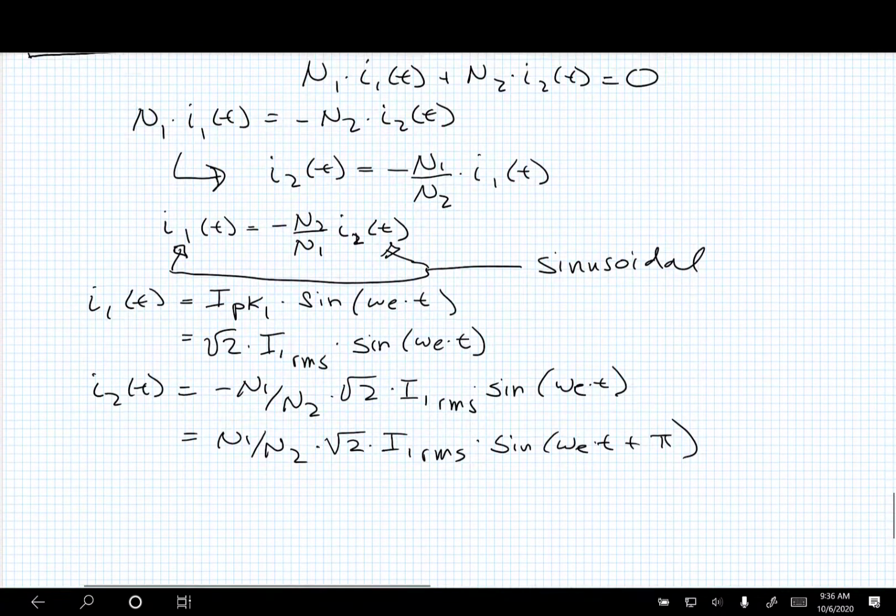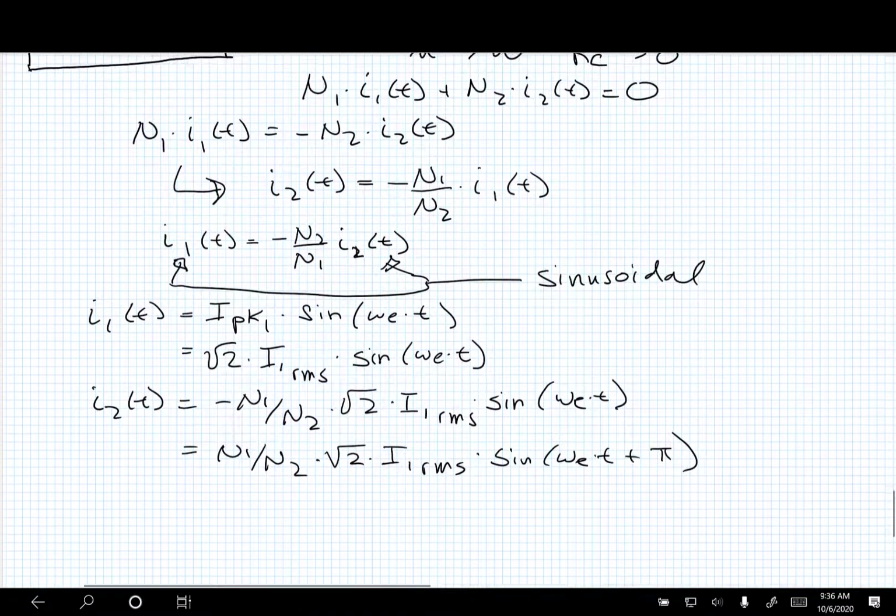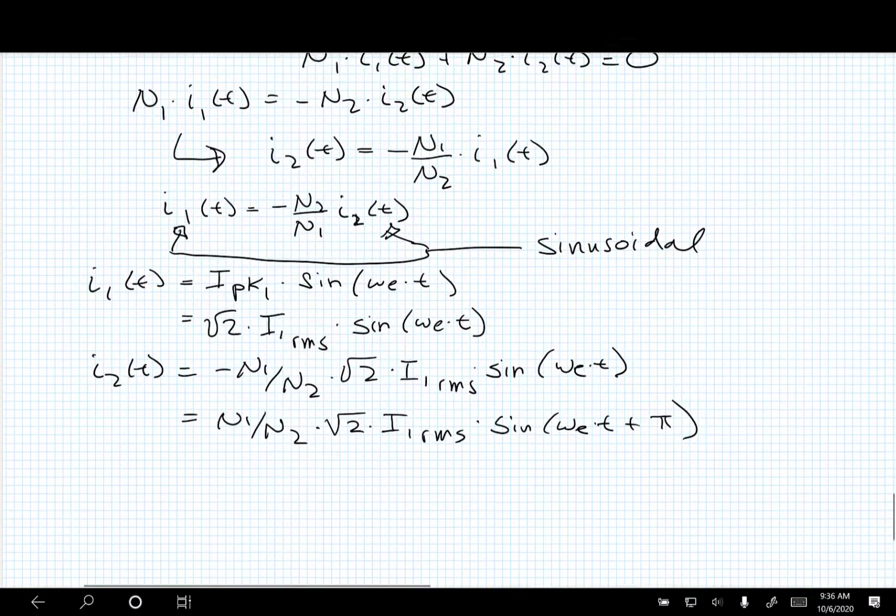Now, I really want to look at all of my AC quantities. I'm going to start using phasors, and I want to analyze things with phasors.